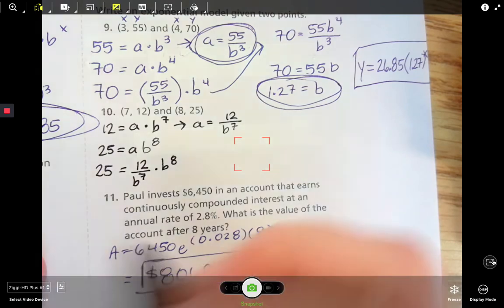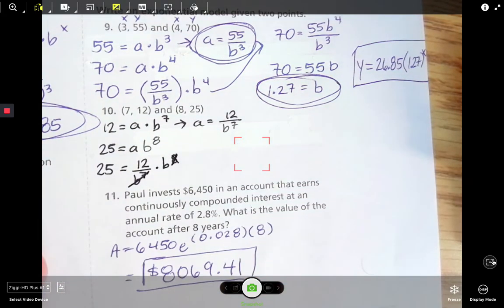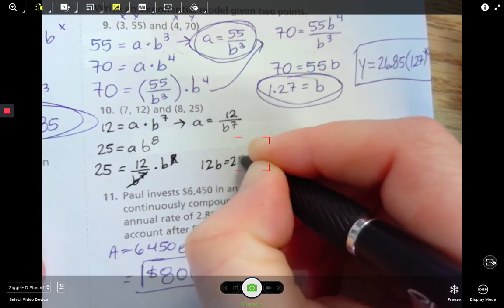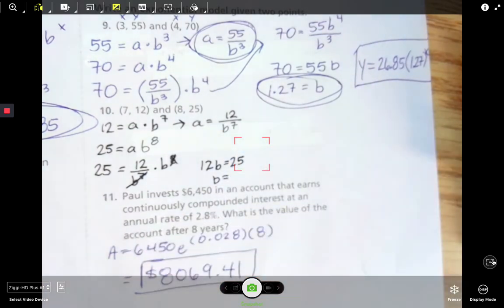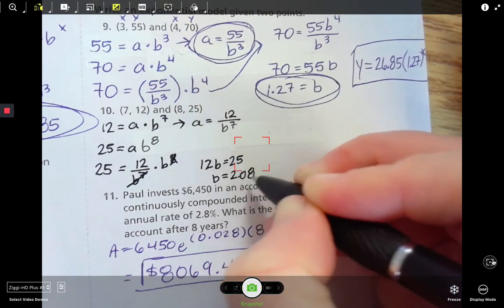I'm going to skip a step here. I know this is going to cancel out, and it's going to be left with just b. So now I've got 12b is equal to 25, and b is 2.08.